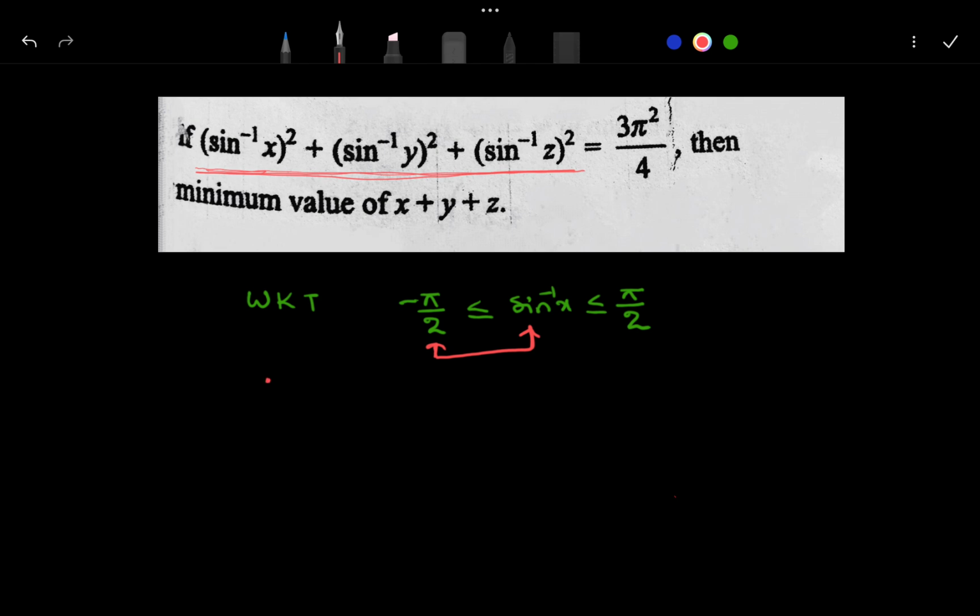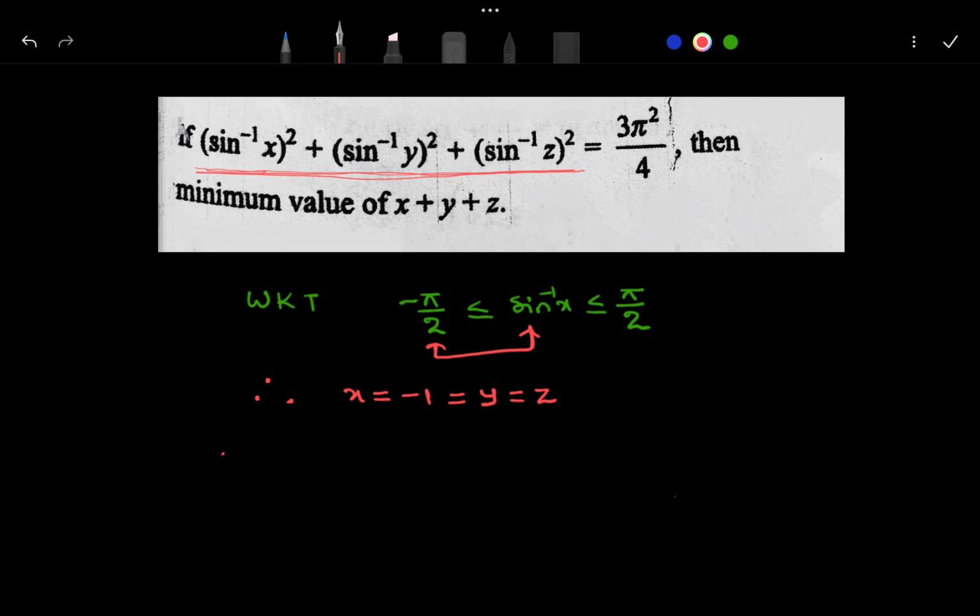Therefore x value is equal to minus 1. Same, sine inverse of y is also minus pi by 2, and sine inverse of z is also minus pi by 2. So you can take x value as minus 1, y value as minus 1, and z value also minus 1.